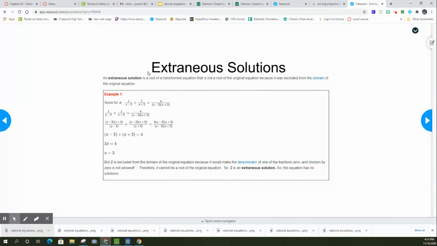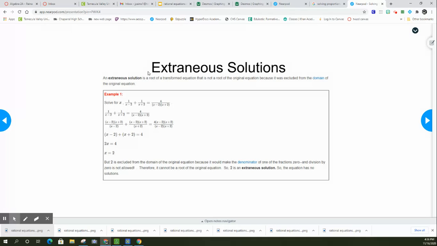When you're solving rational equations, we need to watch out for extraneous solutions, because we could do all the algebra right and it may not work. Why may the answer not work? If you remember the points of discontinuity on a rational function graph, we have holes and vertical asymptotes.